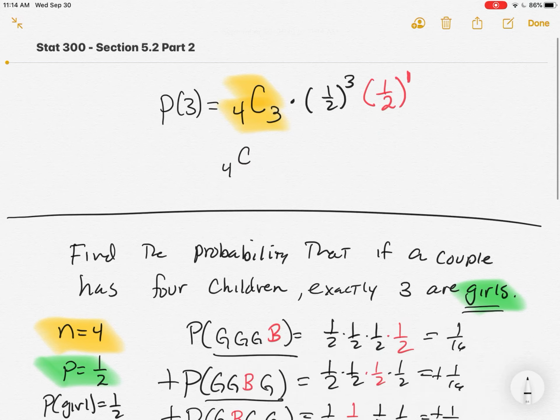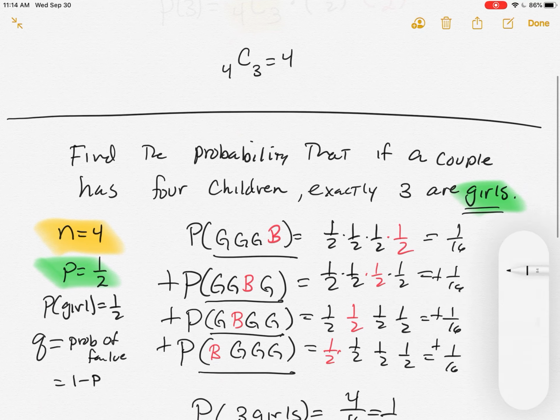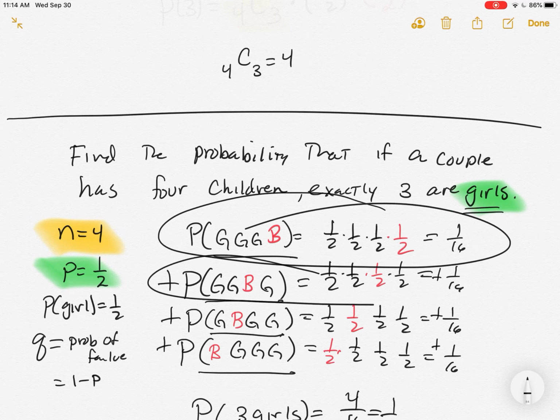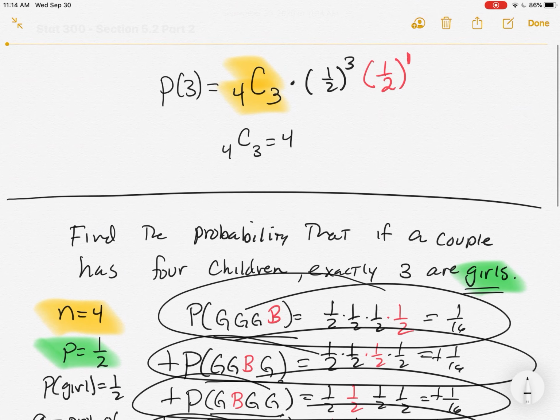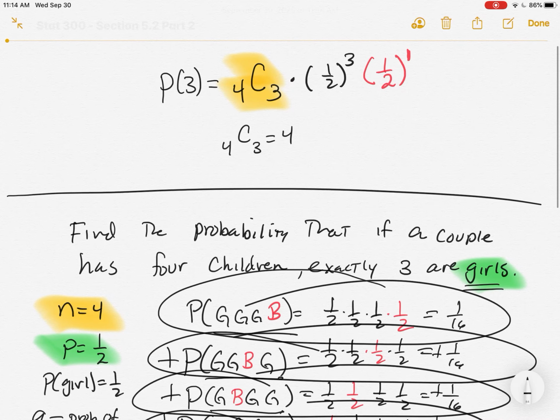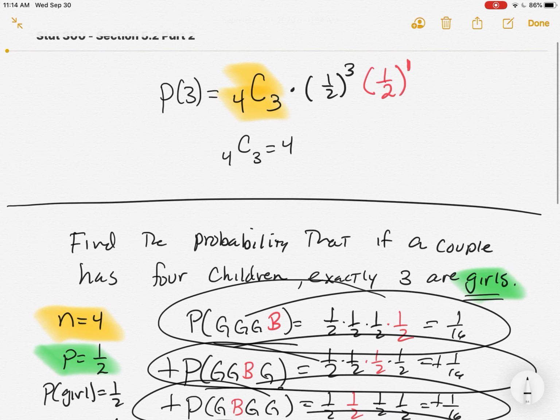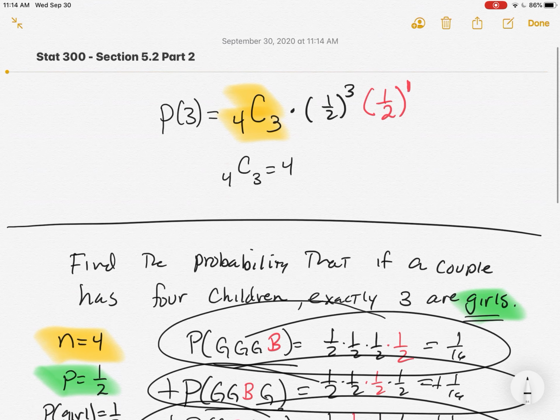When you do, you'll see C of 4, 3 is equal to 4. Now what's that for? That's the 1, 2, 3, 4 ways that we could get one boy and 3 girls, or 3 girls and 1 boy. It counts that for us. We never have to do that. We don't have to see this space down here. We can rely on this number.